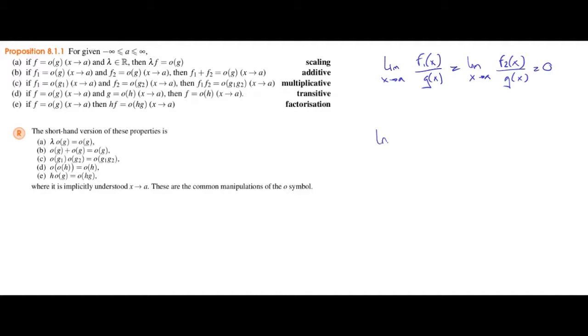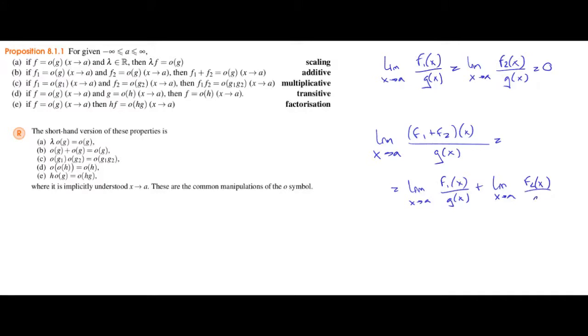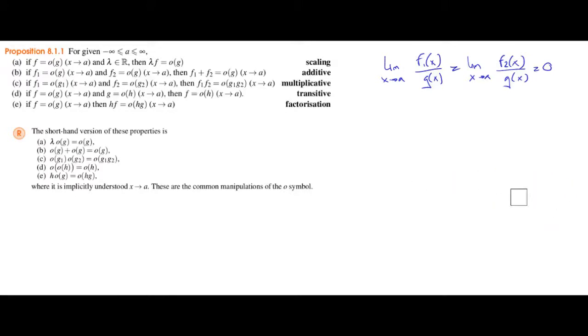But now if we combine these two things, we have the limit when x goes to a of f1 plus f2 at x, divided by g. This is the same as the limit of f1 at x divided by g plus the limit of f2 divided by g. But this thing is 0, this thing is 0, so the sum is 0. Okay? So f1 plus f2 is small o of g as well.